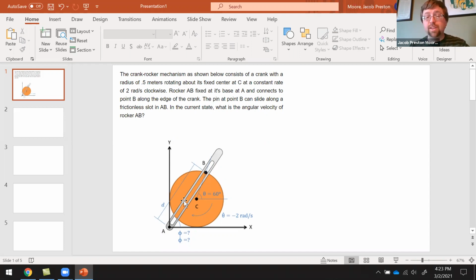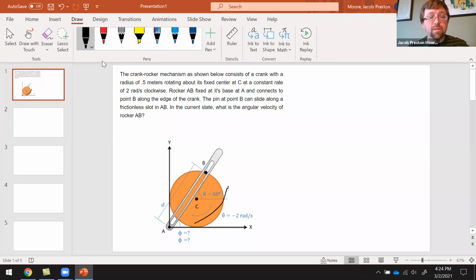All right, so let's deal with the geometry first. Let's see if we can figure out the angle phi. To figure that out, I'm going to need to know the exact location of point B. So assuming this is 0, I'm going to try to figure out the location of point B. It's actually not that bad.